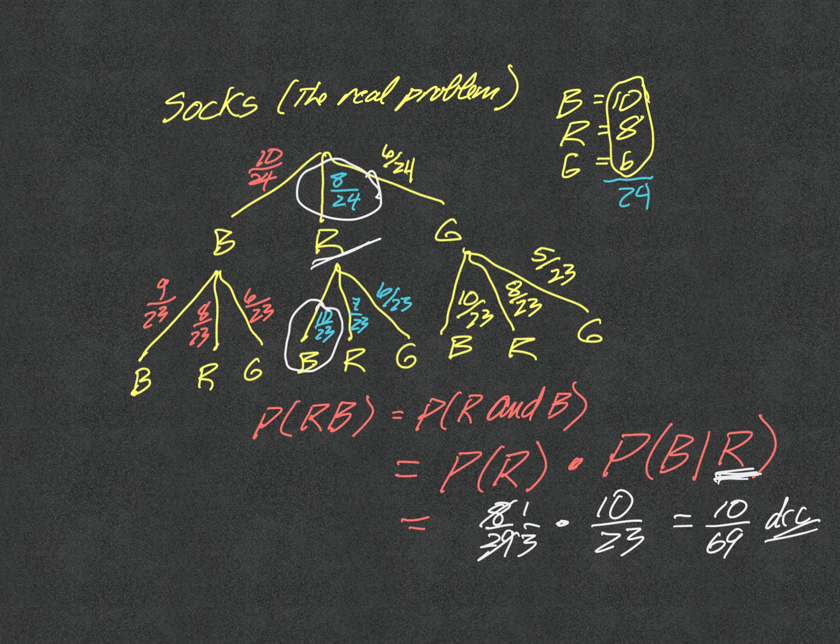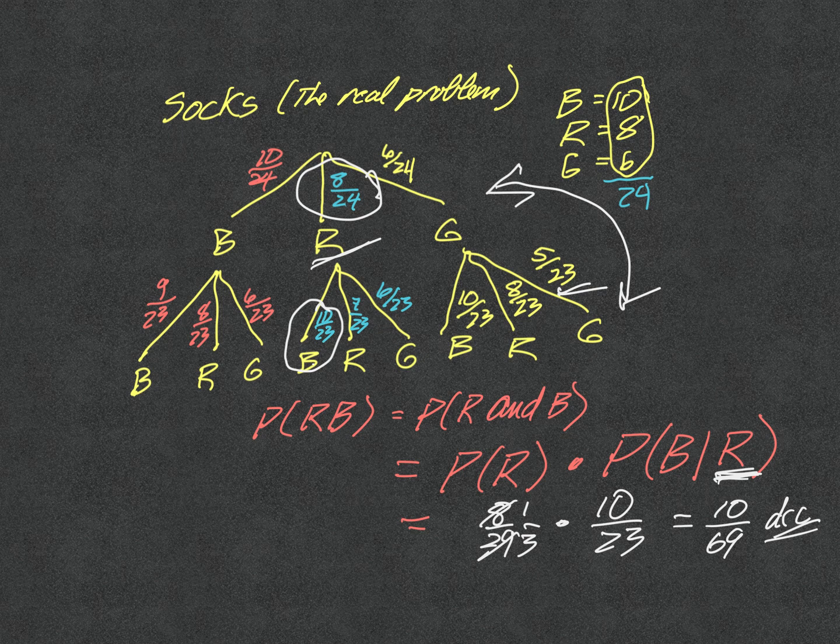All right. These events, the first draw and the second draw, are not independent, because the first draw changes the probabilities on the second draw. Notice the denominators change and some of the numerators change. And because they change, that means the one thing occurring affects the next thing.